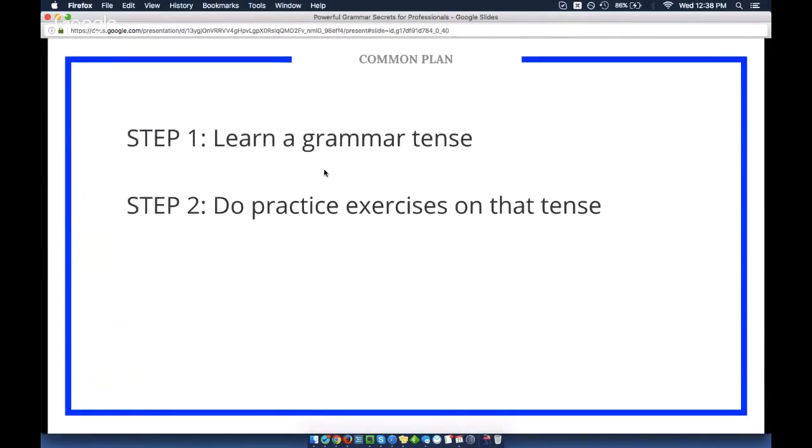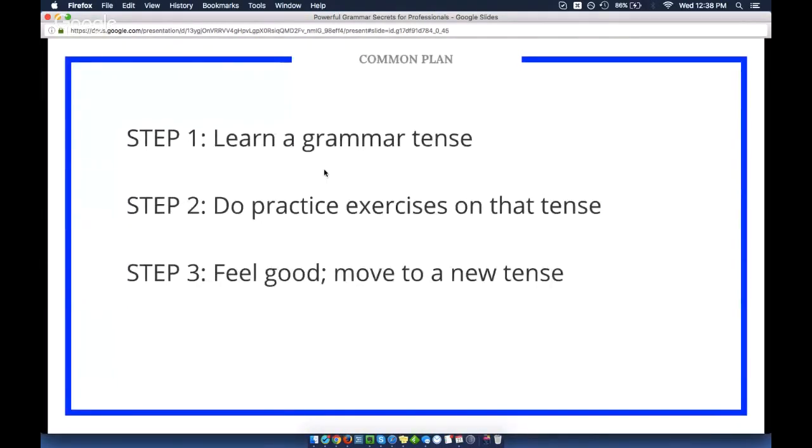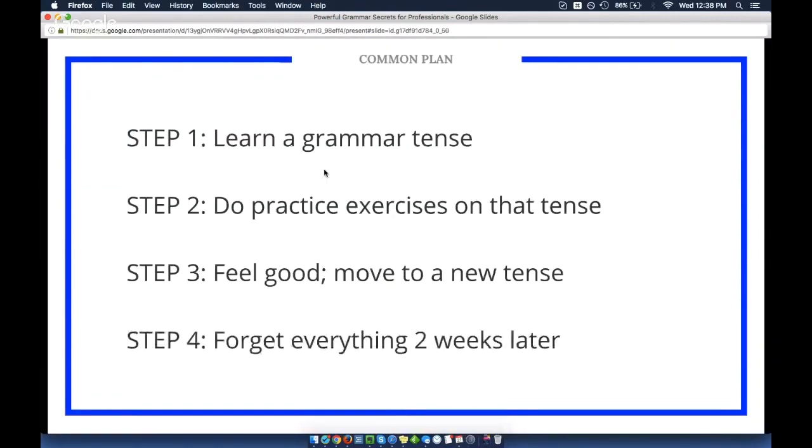Your teacher has you do some gap fills or answer questions. You do a few of those and you start to gain some confidence. So step 3 is that you feel good. And then you move to a new grammar tense. And then step 4, you forget everything 2 weeks later. So what's the point of all this in saying make it about context?